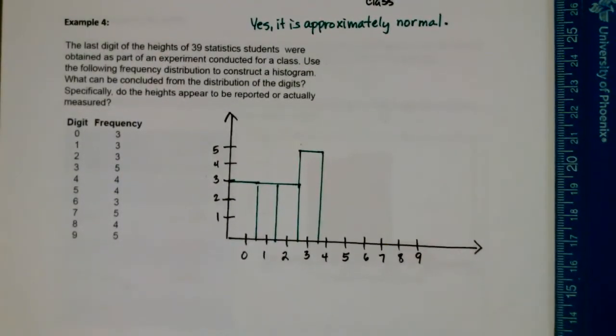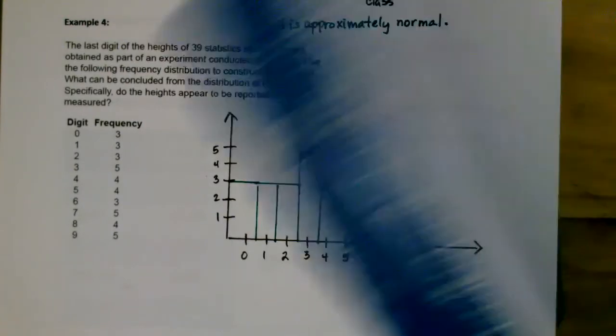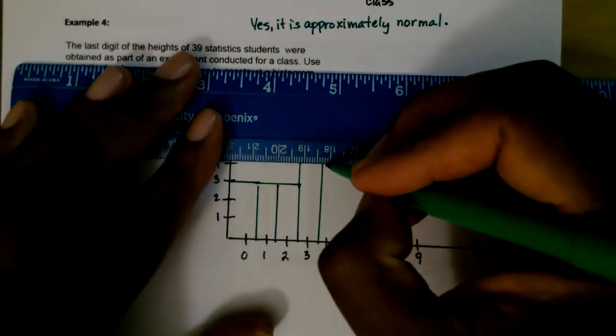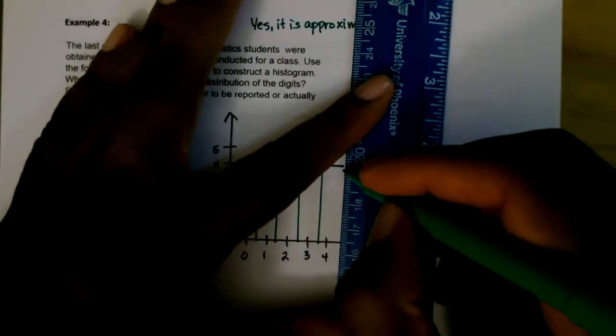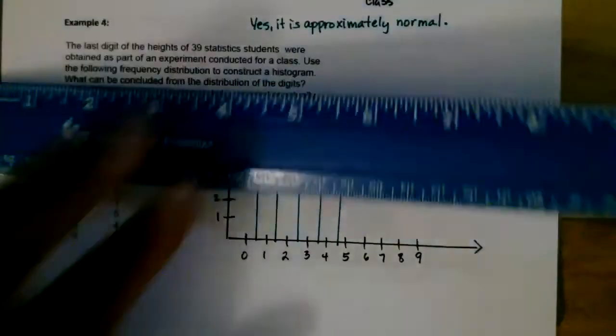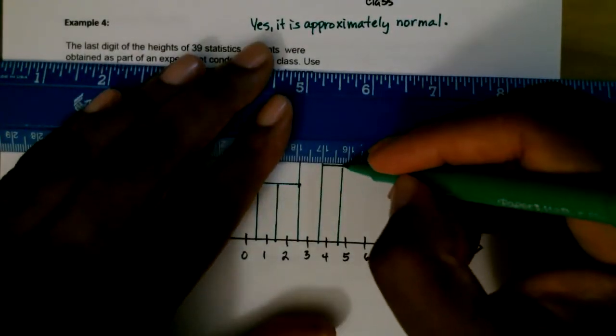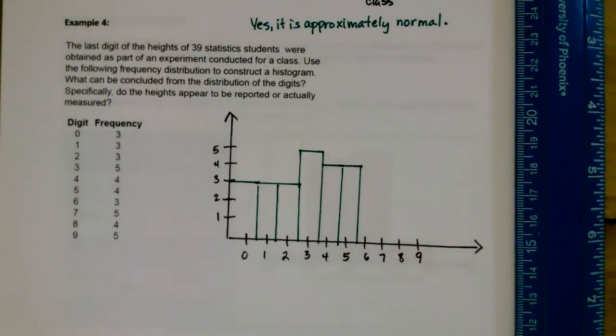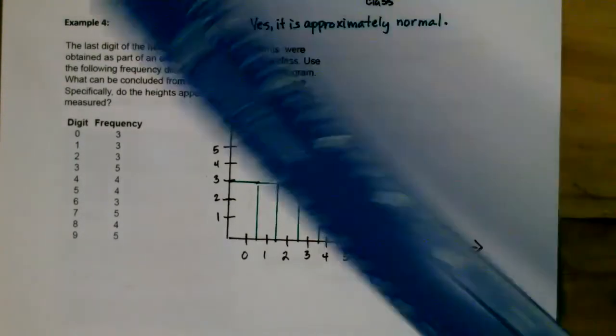Now for 4, the frequency is 4, so the height of that bar would be at 4. And for 5, it also has a frequency of 4, the same height. Then for 6, the frequency is 3, which has the same height as 0, 1, and 2.